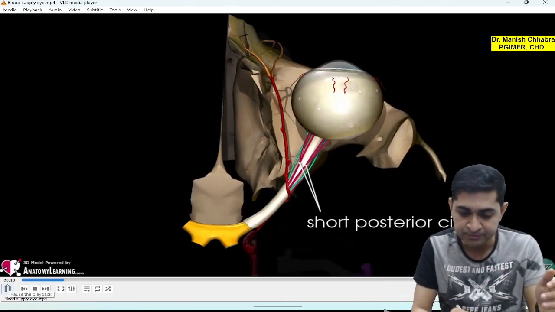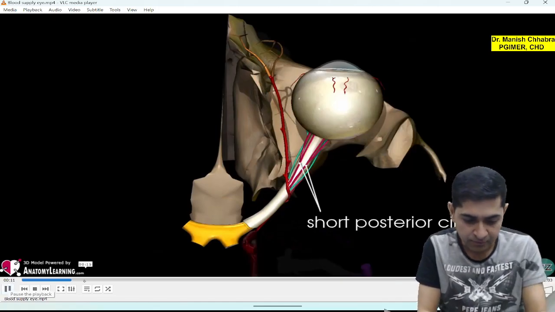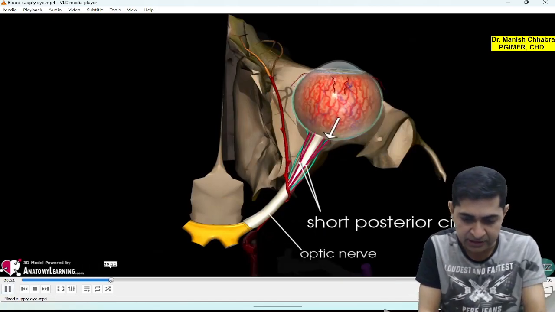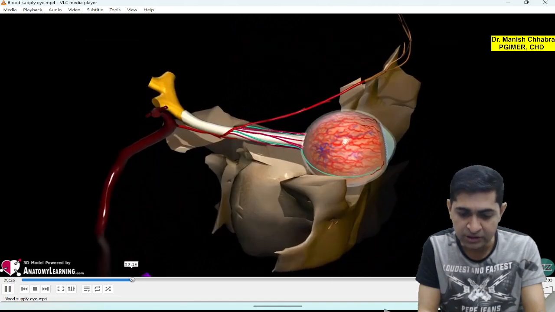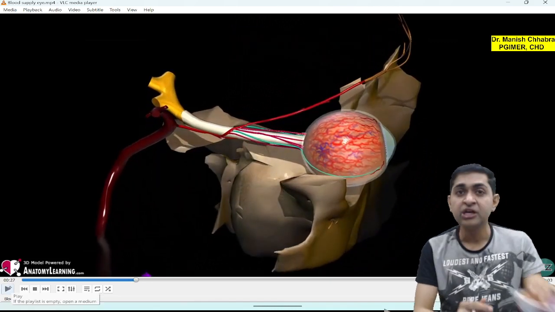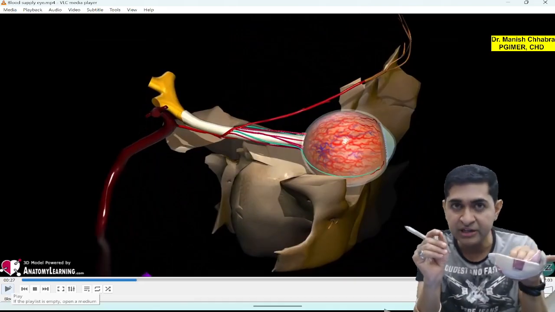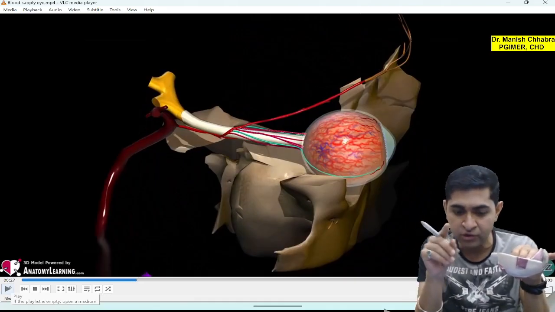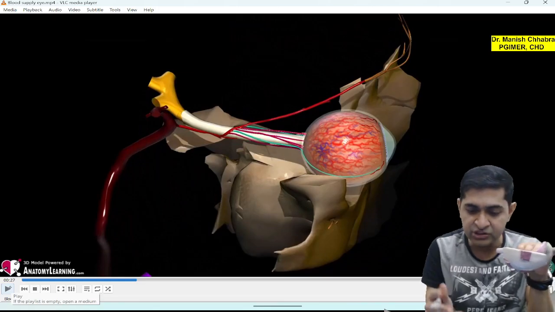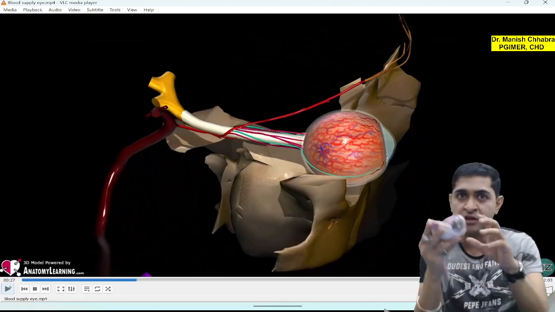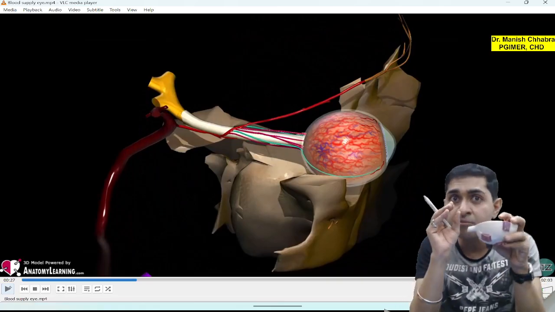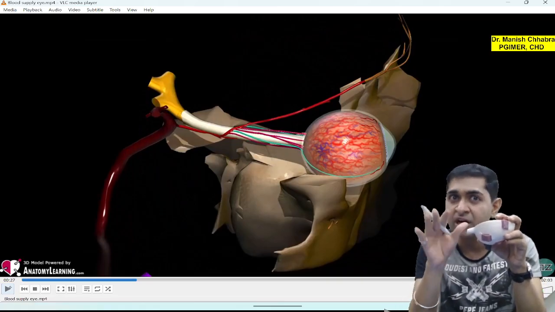Check this out. You can see that there is the optic nerve. In this view, there is the ophthalmic artery continuing along with the optic nerve, and just 1 centimeter before, it enters the optic nerve. Now there are more branches of the ophthalmic artery inside the orbit.